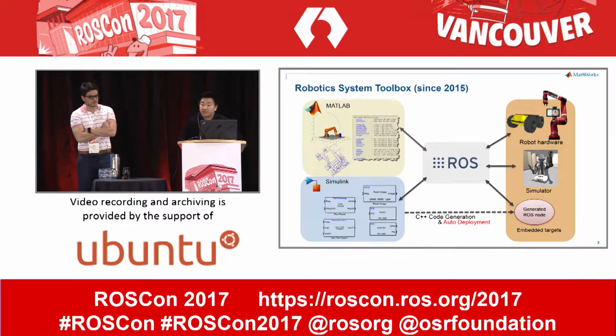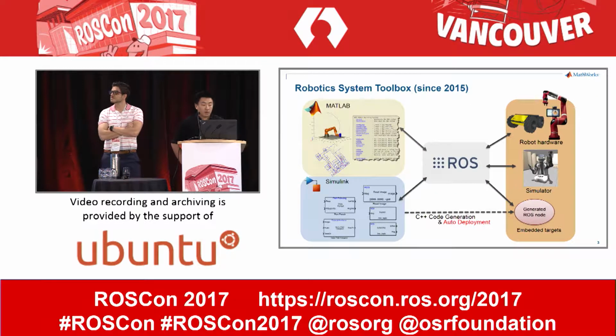And since 2015, we started to offer tight integration with ROS, mainly through the Robotic System Toolbox, or RST. Right now in MATLAB or Simulink, we support live connection with ROS networks.